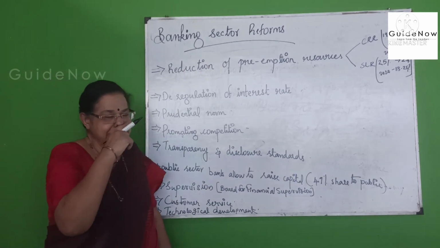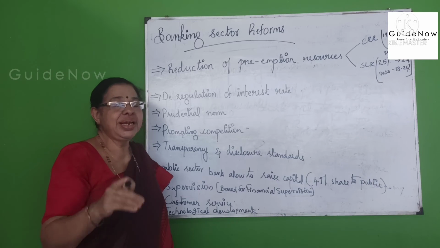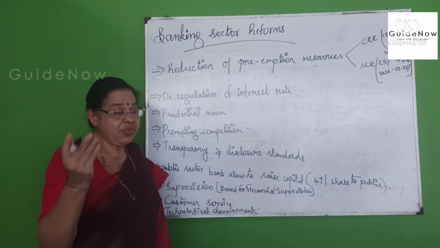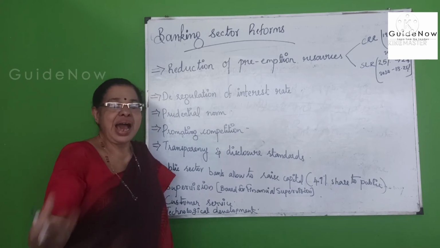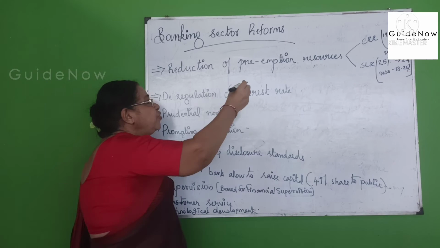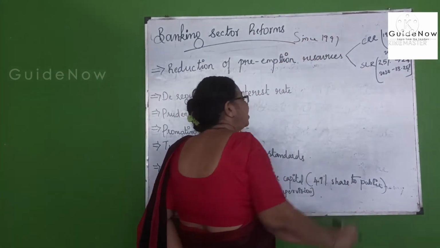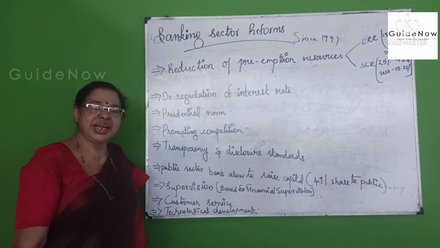Now, the question is, which are the important banking sector reforms during or after 1991? The first question was the banking sector before 1991. Now it is banking sector reforms after or since 1991. Which are the important reforms under the banking sector after 1991?